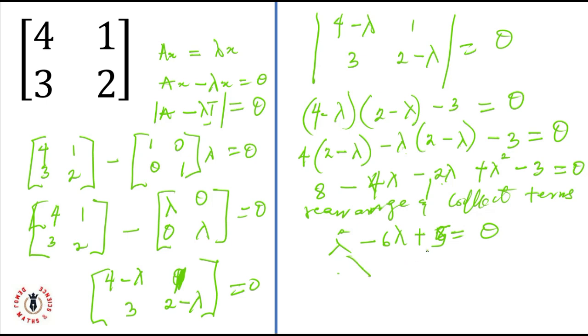Then we can factorize this to get the actual value of lambda. Lambda times lambda is lambda squared, and the factors of 5 lambda squared can be minus lambda times minus 5 lambda. I'm choosing this because minus lambda minus 5 lambda is minus 6 lambda. So lambda squared minus lambda minus 5 lambda plus 5 is equal to 0.